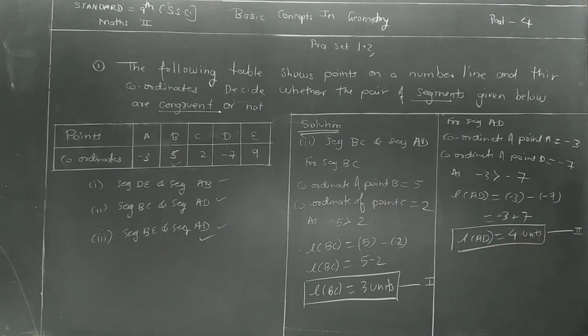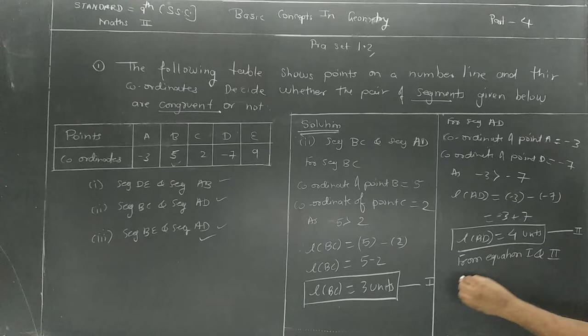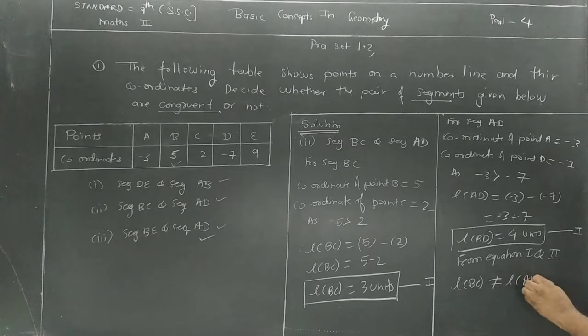So what can I write then? From equation 1 and 2, what can I write? Length BC is not equal to length AD.